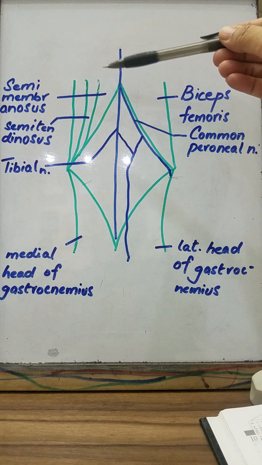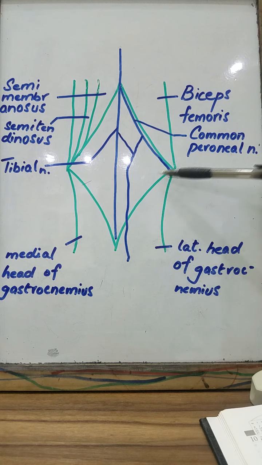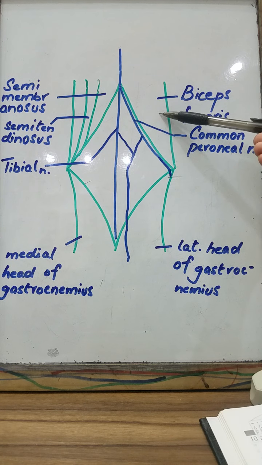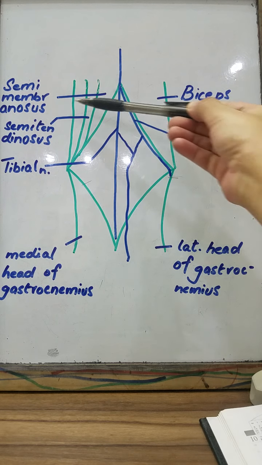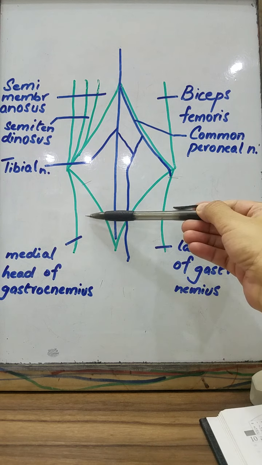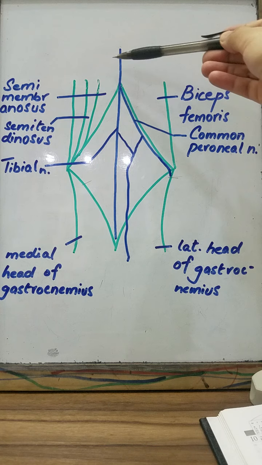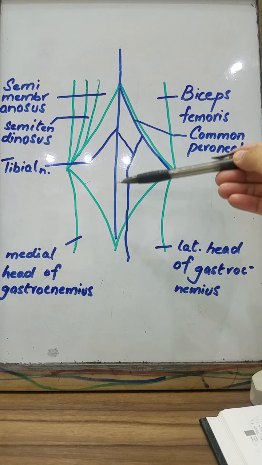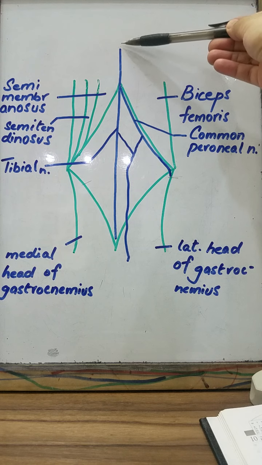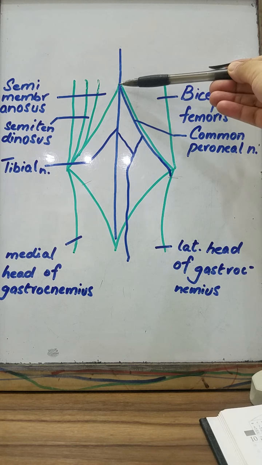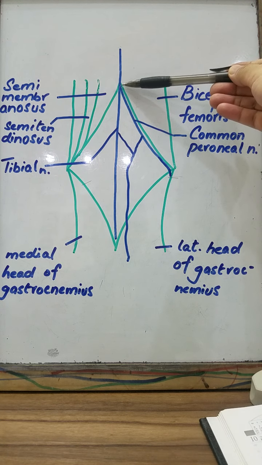So here you can see this is the diamond shaped popliteal fossa, the boundaries, the biceps femoris, semimembranosus, the two heads of the gastrocnemius. Now here I've only shown the nerves in the popliteal fossa. So this is the sciatic nerve. At the apex of the popliteal fossa, the sciatic nerve is going to divide into two.